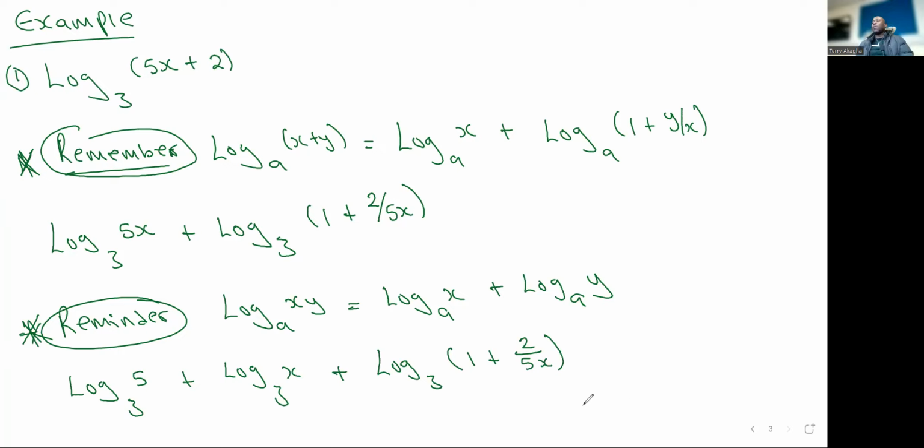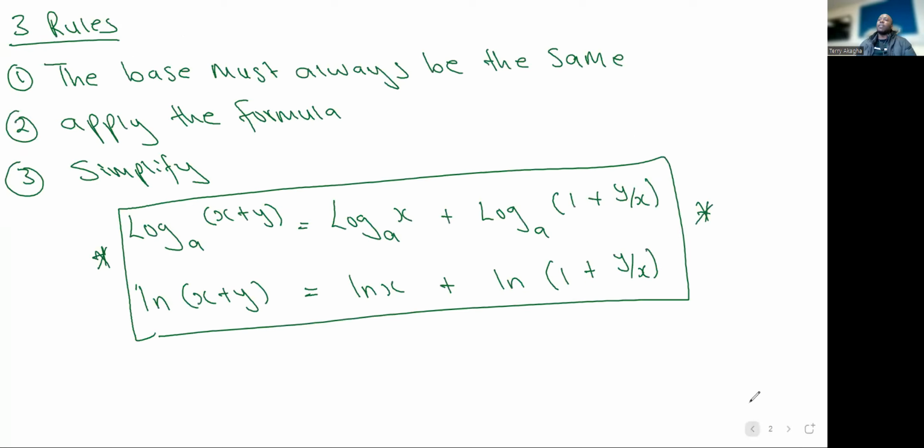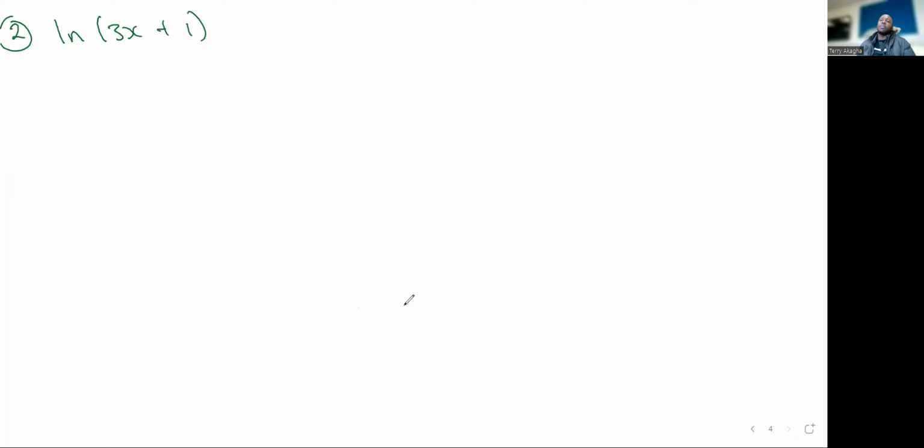Let me pick one more. Number 2, we have ln of (3x plus 1). The same thing I told you in the formula: for ln, it's going to be ln x plus ln of (1 plus the second number divided by the first).